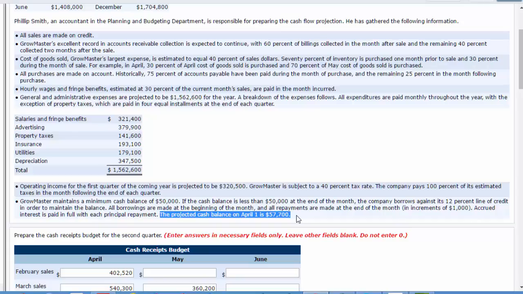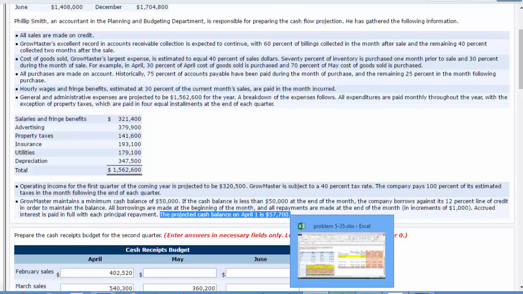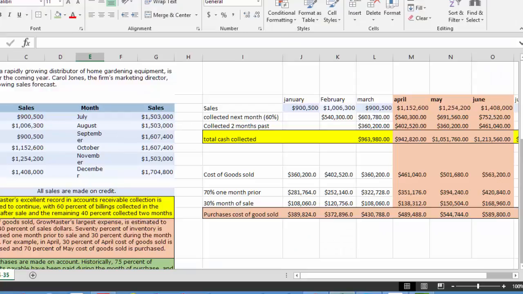So let's go through this problem, and I'm going to explain how I would address it. I put this problem into Excel, and we're going to walk through some very specific things related to this, and hopefully we'll be able to understand the beginning part of the problem so that you can work through the rest of it. The first thing that we want to understand is our sales.